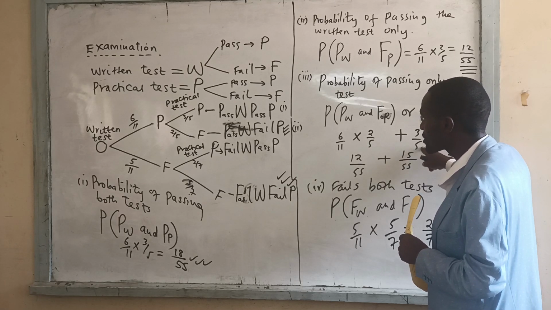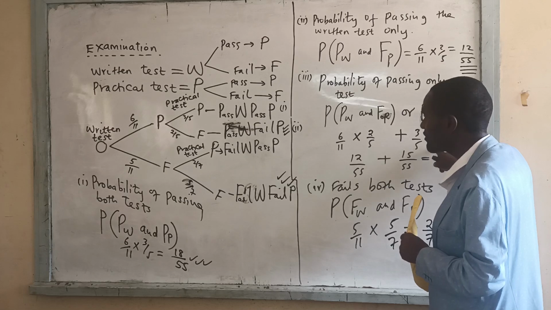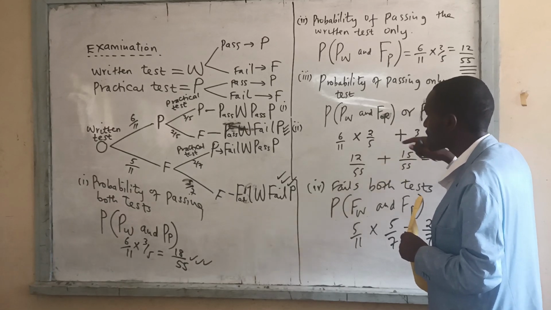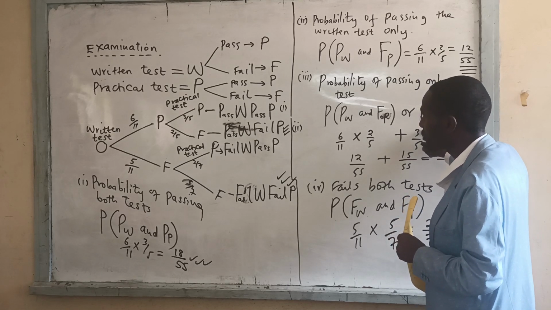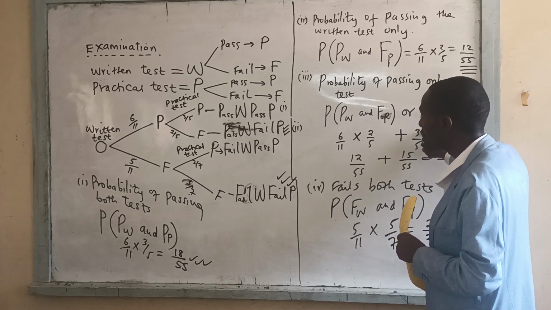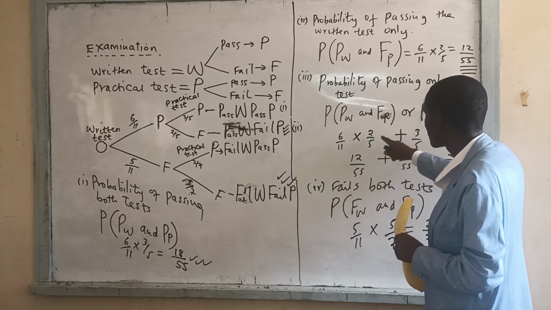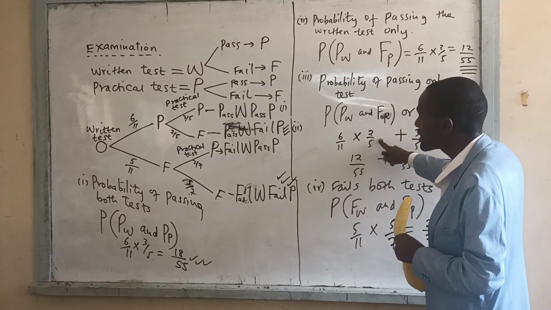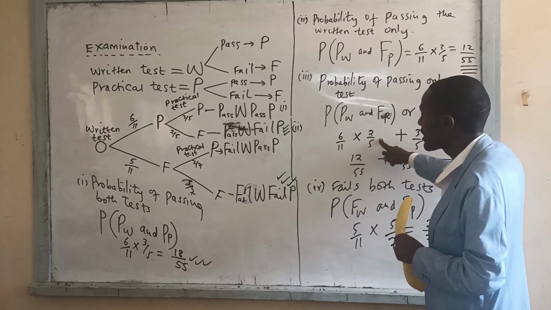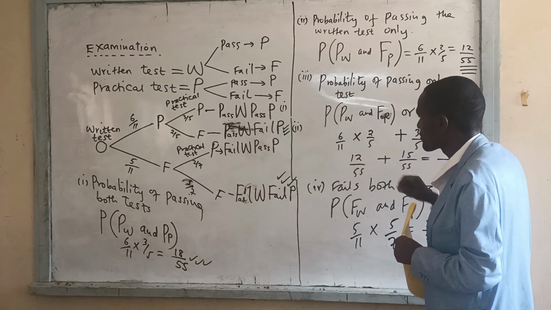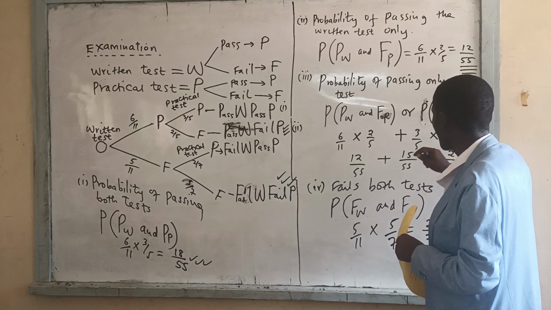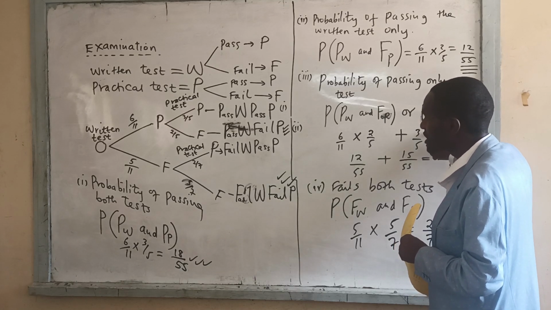So 3 over 5, you have passed, and that is 6 over 11. So that is written test passed, 6 over 11. Then practical test failed, 2 over 5. Correct? Then we'll come here and say 3 over 5.